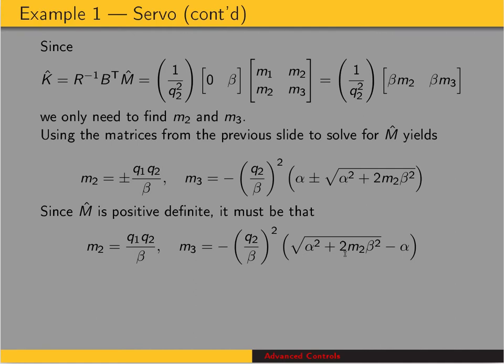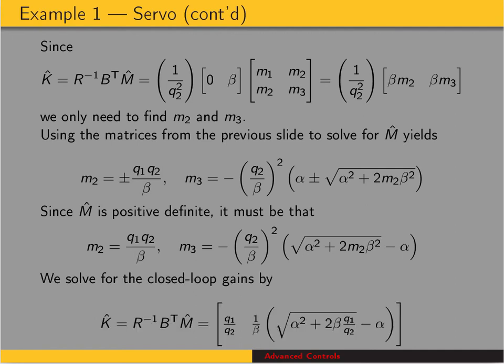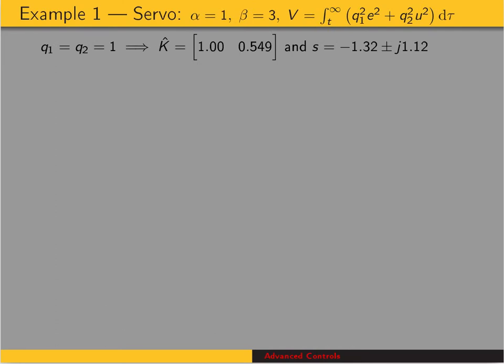So depending on alpha, beta, and the factors Q1 and Q2, we can solve for M2 and M3, and then from there get the optimizing gain matrix K. And here is K. So we'll look at some numerical examples for this. Say we have a system where alpha is 1, beta is 3, and again our performance criterion is given by this quadratic.